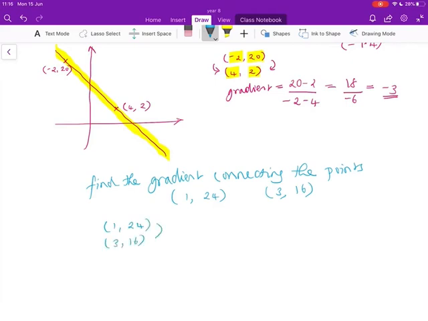So I would recommend you write them one above the other like that, and then we're going to find the difference between the y's and then the difference between the x's.